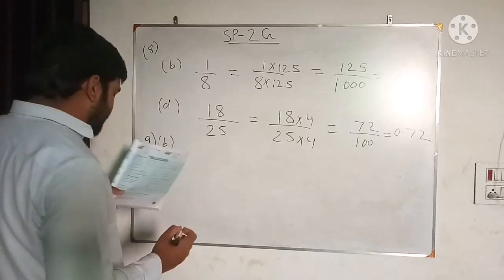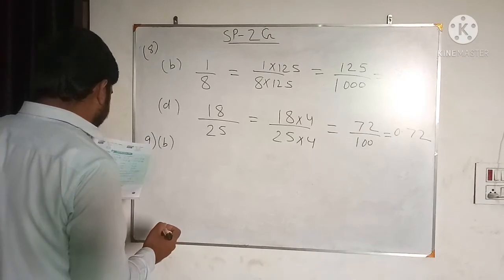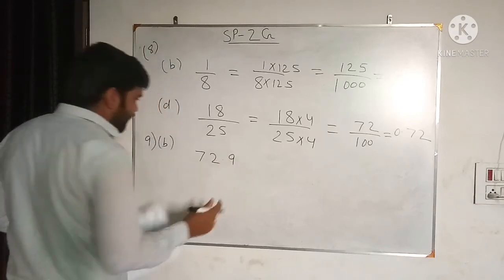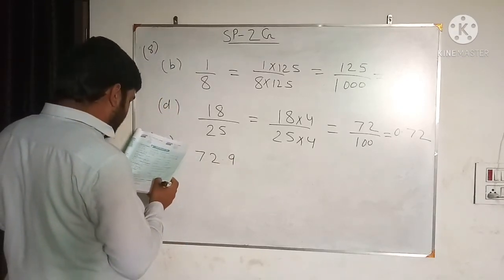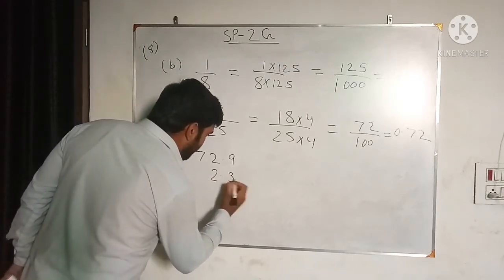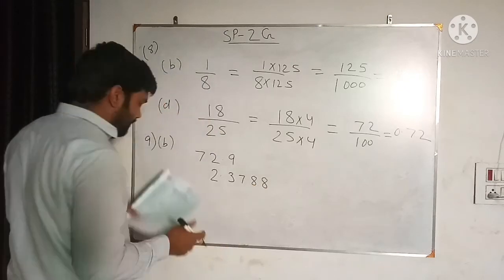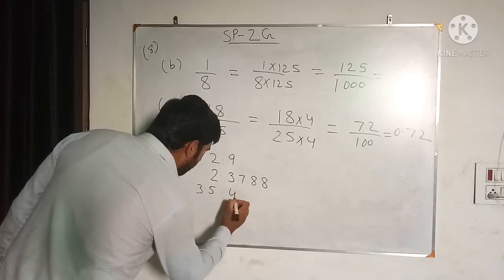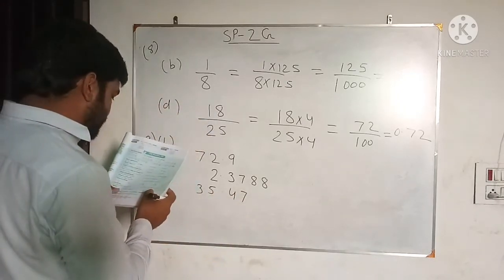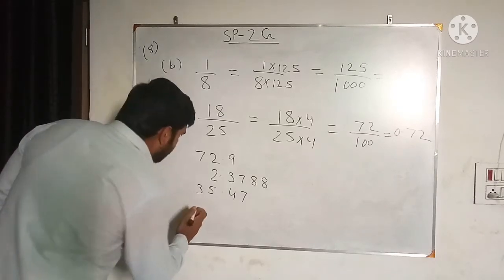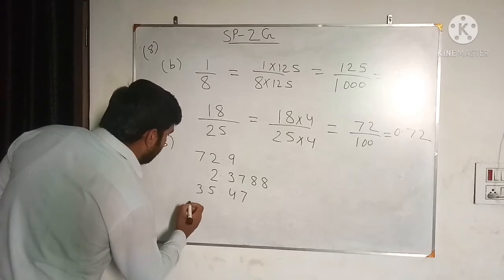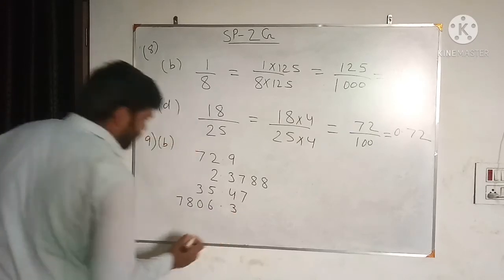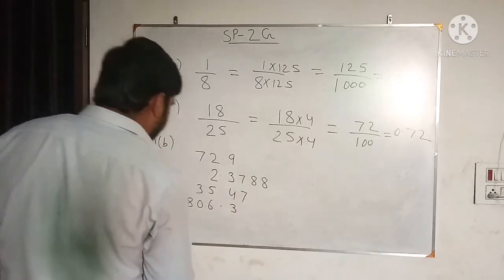We write the given question vertically: 72.9, 2.3788, 35.47, 7806.3, 6.3, 0.379.